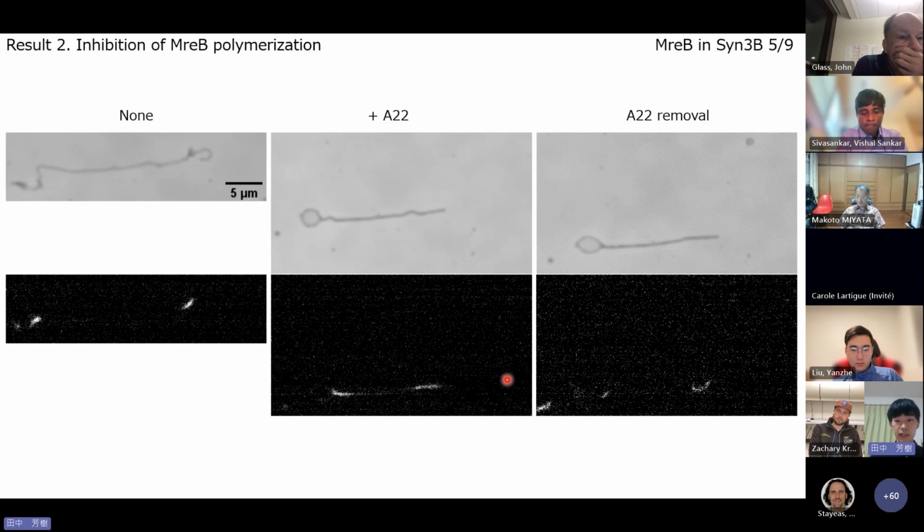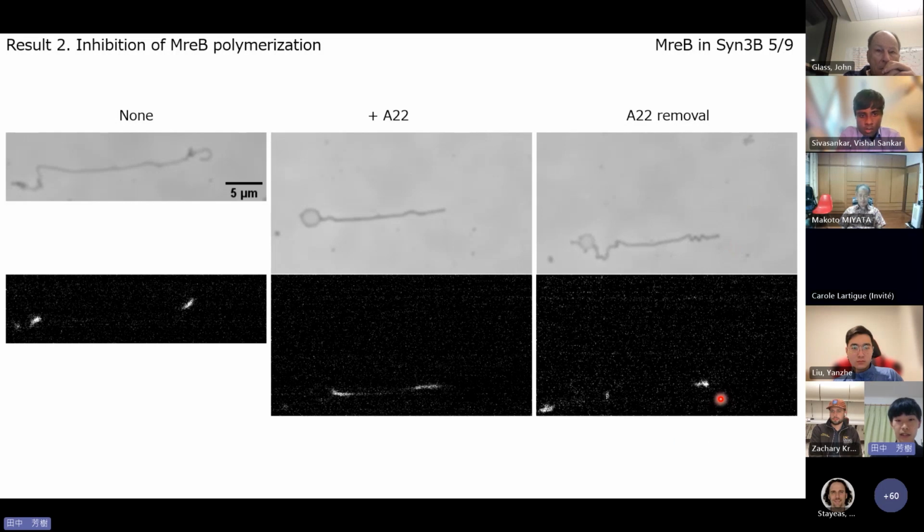Next, I removed A22 from this solution. The helicity recovered, and the motility also recovered. And the fluorescence was seen at the moving part.